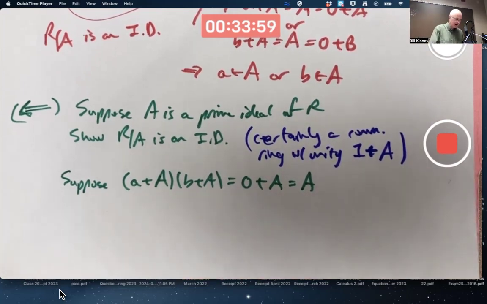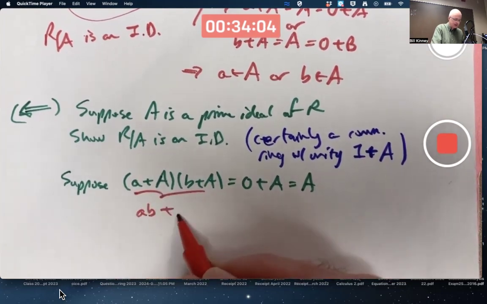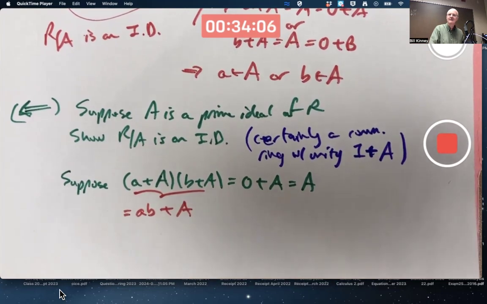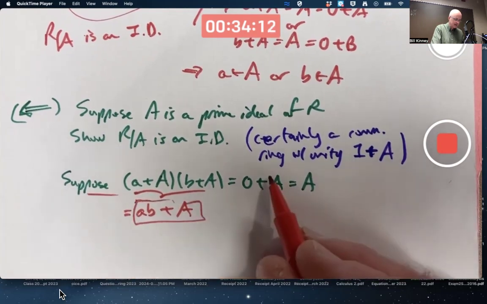Go ahead and multiply these out. By definition of coset multiplication, it's that. We're saying ultimately, since we're supposing it, that this equals that.